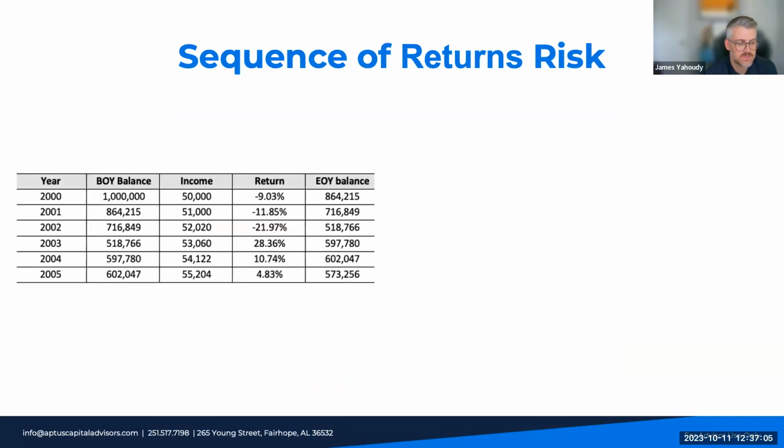And when it comes to just, okay, let's break it down to a real life example. From 2000 to 2005, we have the returns outlined, and the retirees getting $50,000 a year, which is inflated at 2% per year. And you see the ending balance here after that period.